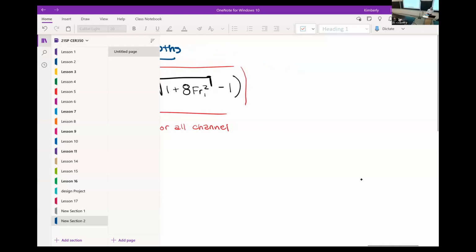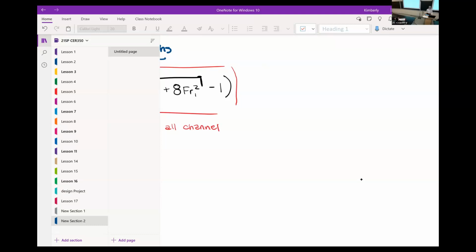Last class, we found the depth of water downstream, what was it? Remind me. Y1, that's what we called it. 0.28, that sound right?